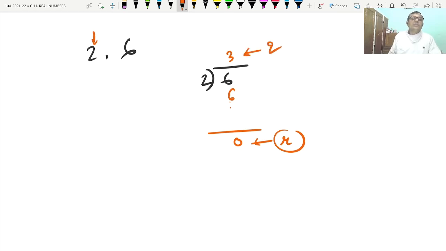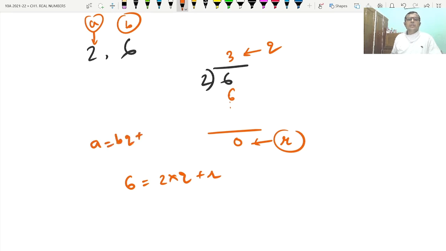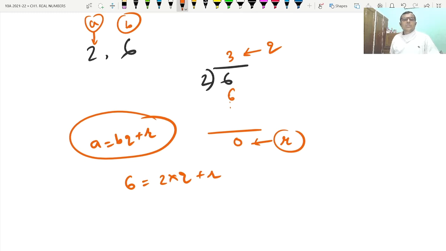For any two positive integers a and b, you can always get two integers q and r which satisfy 6 is equal to 2 into q plus r, that is, a is equal to bq plus r. So this is actually dividend is equal to divisor into quotient plus remainder.